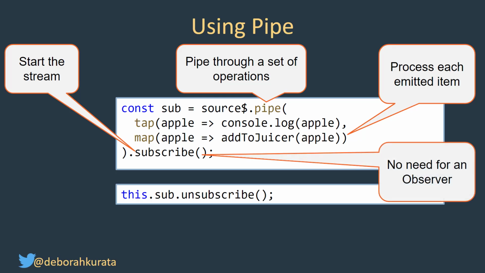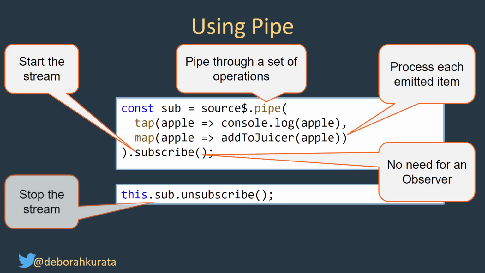Notice that there's no need for an observer because we can process the items instead through these pipeable operators. You can still have an observer there if you also want to do something else, but you don't have to have one. And then, of course, we stop the stream when we're done with an unsubscribe. All right, so that's piping.